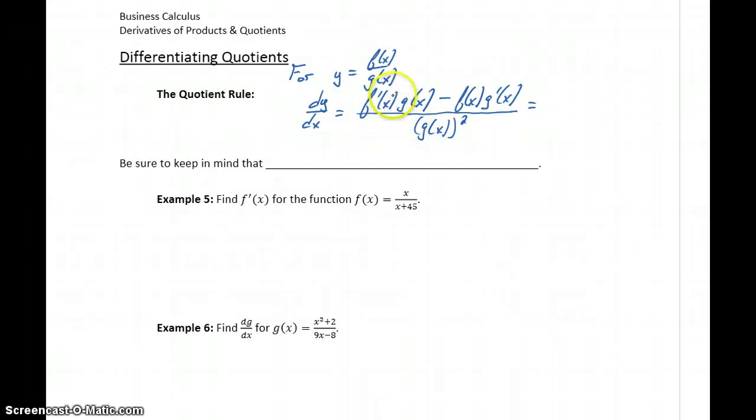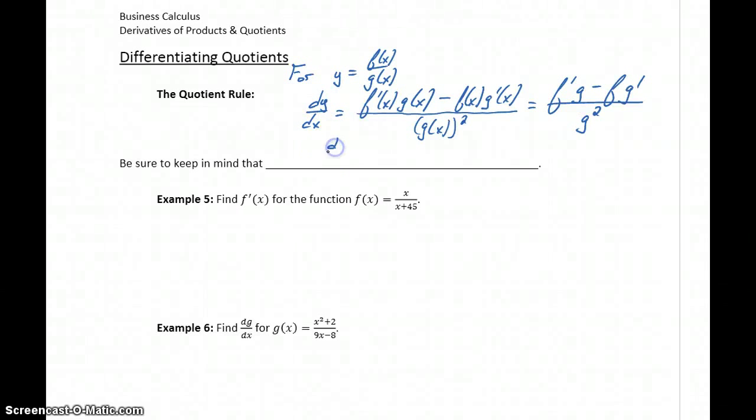Or getting rid of some of that of x notation, we can simplify this a little bit to write it as f prime g minus fg prime over g squared, just to maybe see a little bit better where we're supposed to substitute and how we're supposed to evaluate that.